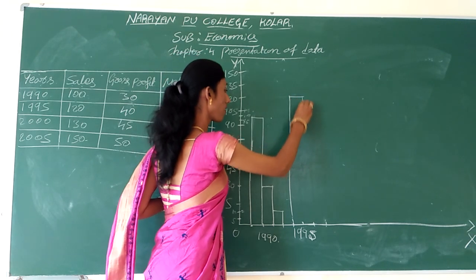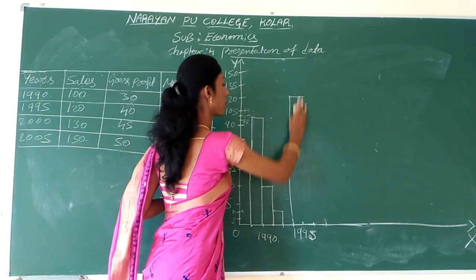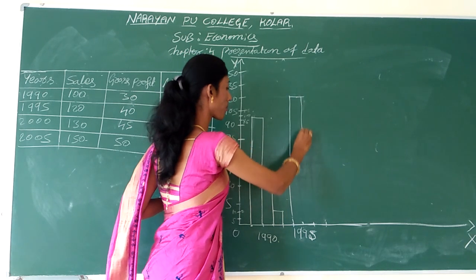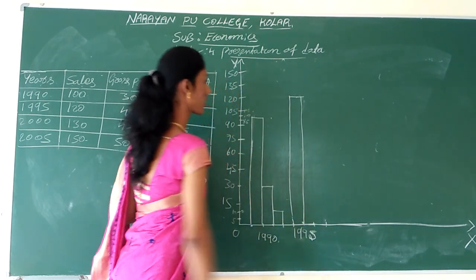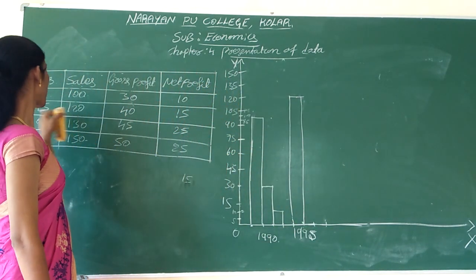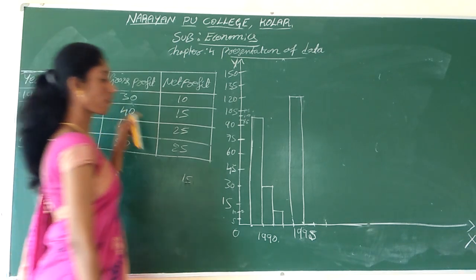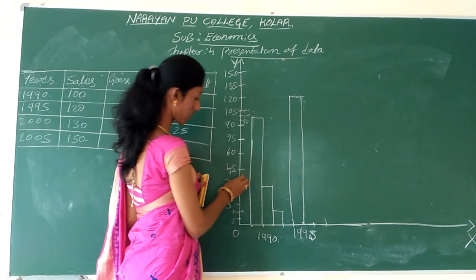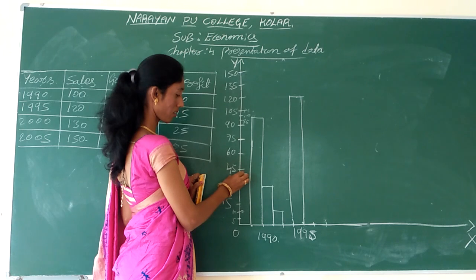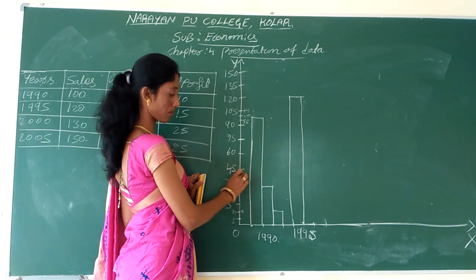Take a rectangle shape. Next, the gross profit in 1995 is 40. 40 means here 35, 40, right? It comes here.